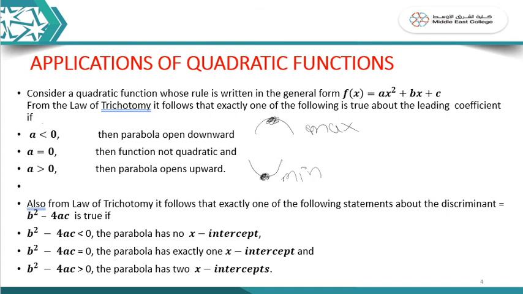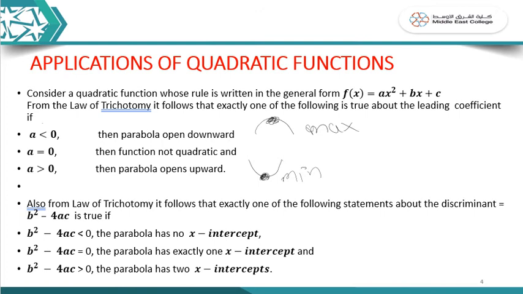But as I told you, a should not equal 0. If a is equal to 0, that means this will not be a quadratic, it will be linear. Okay, and also we have to see the discriminant. If b squared minus 4ac is less than 0, it will have no real root.